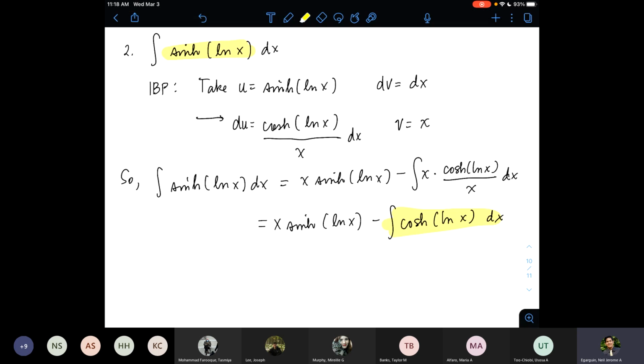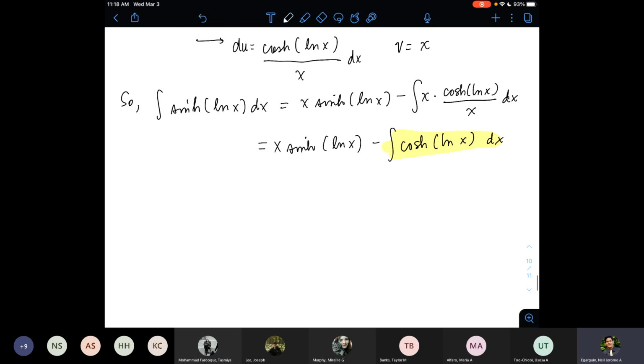So we can perform a trick that I will show later. I expect that the next iteration of integration by parts will give me something similar to the original integral given, the hyperbolic sine of ln x. Because I have a cosh here and I expect a nice form for its integral after doing IBP.